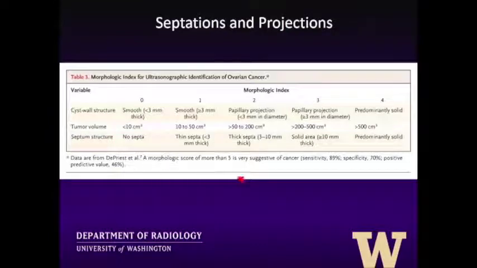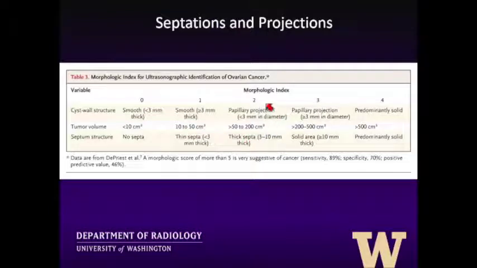If we look at another paper, they basically developed a scoring system, and there have been lots and lots of scoring systems published in the literature for how to evaluate complex adnexal masses. Beryl published one. She has a scoring system of her own, but they pretty much have the same features. Cyst wall structure going from smooth to thick wall to papillary projections to solid, septa, thin septa, thick septa, solid areas within the septa, and then the volume of the tumor.